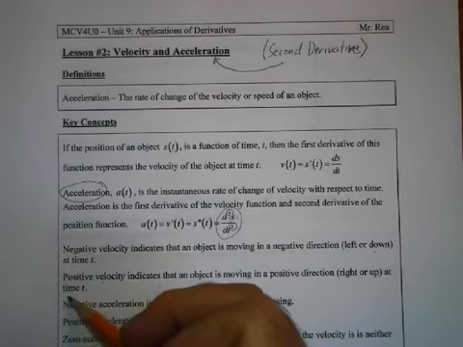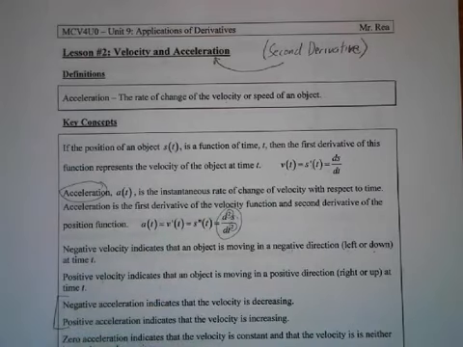All right, if we go to acceleration, a negative acceleration means the velocity is decreasing. It's almost like taking your foot off the gas pedal. You're decelerating. Your velocity is still positive, you're still going in a positive direction, but your velocity is decreasing.